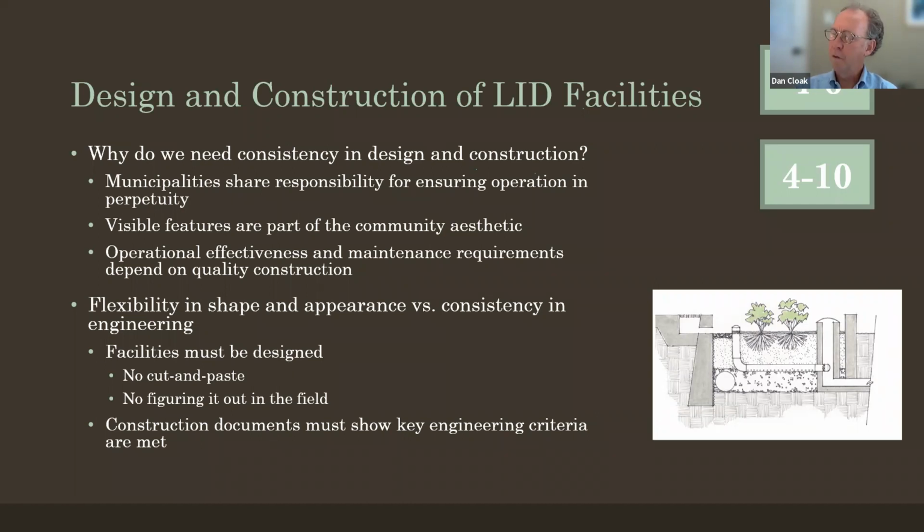And all those options exist as ways of fitting them into the site, while still observing the design criteria that are in the manual. So the key here is that the construction documents should show that the key engineering criteria are met.